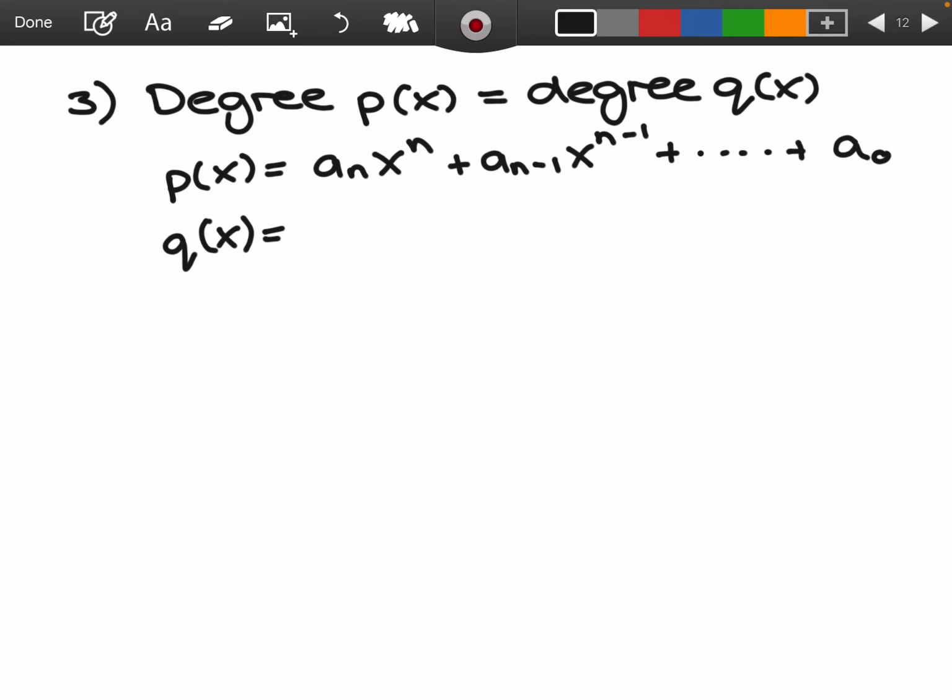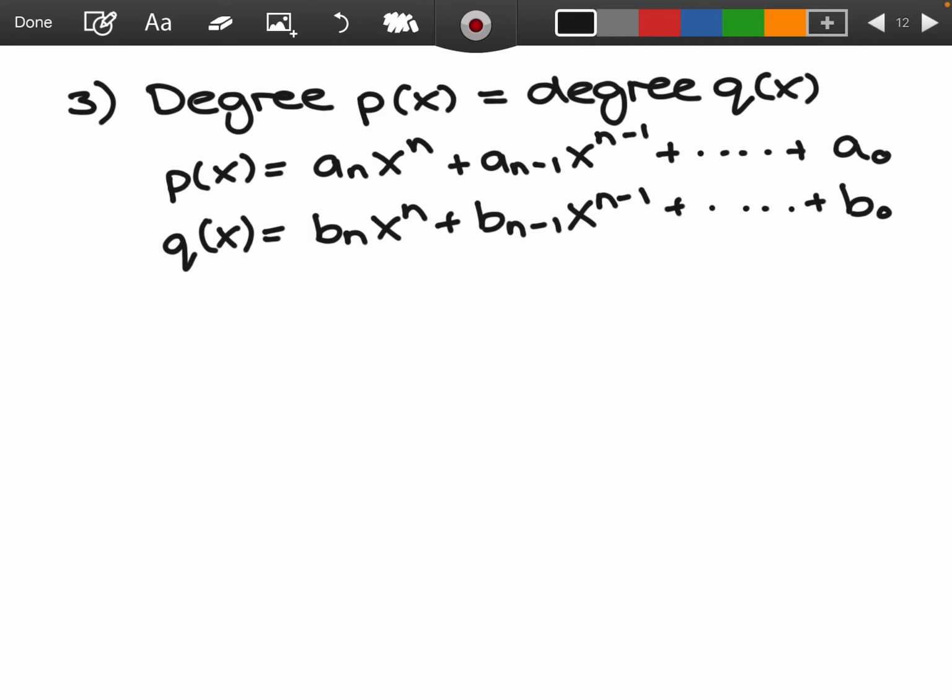And Q of x would look something similar. I'll use b's in this case. Okay, where each one of these a's and b's is just a constant, okay? And remember, in this case, we're saying that they have equal degree, so they will both be of power x to the n in the leading term.